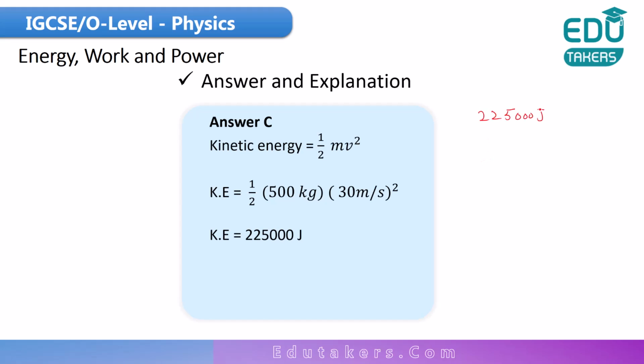Separate the 1000 here and the other terms separately. So I write here 225 multiplied by 1000 joule. This 1000 is basically equal to kilo. So there would be 225 kilojoules. The kinetic energy comes to be 225 kilojoules. Hence answer C is correct.